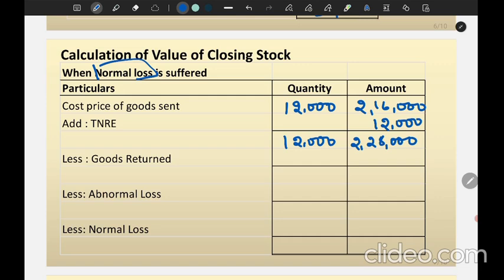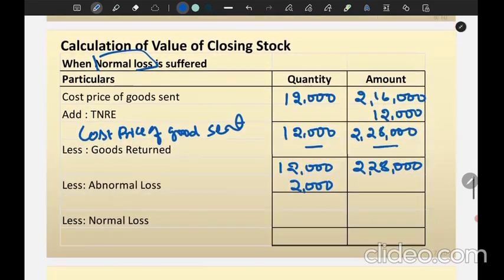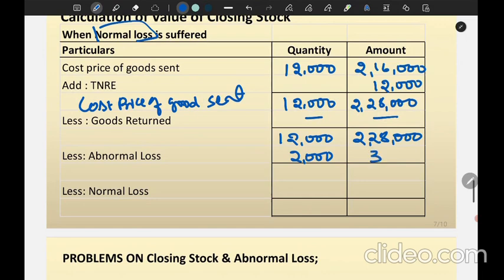Generally this is named as cost price of goods sent. And you know that there are no goods returned, so it will remain same, 2,28,000. Then abnormal loss, how many units were there? 2,000, and the value of that was 38,000.